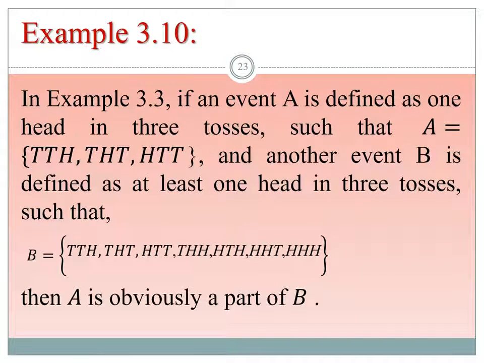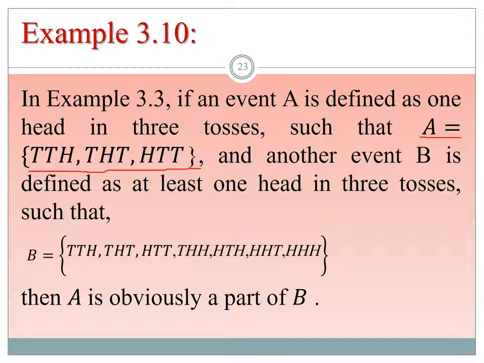Alright, so in this simple example, example 3.3, we consider tossing a coin 3 times. Our sample space contains 8 elements. Event A is defined as one head in 3 tosses, so exactly one head. If you write out the event space for A, exactly one head, the possibilities are HTT, THT, or TTH.